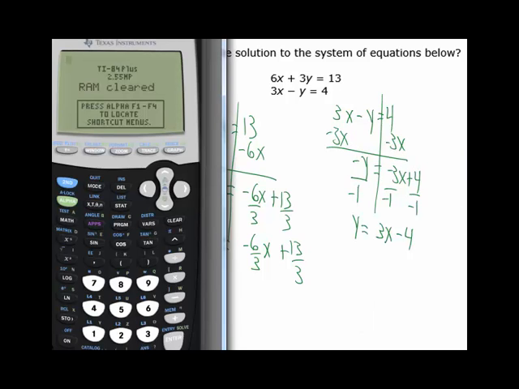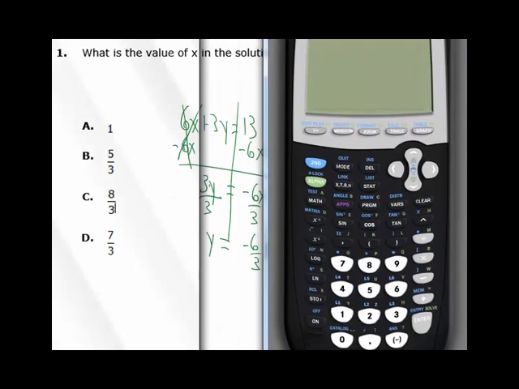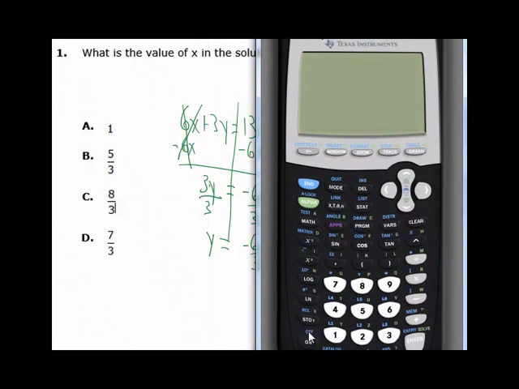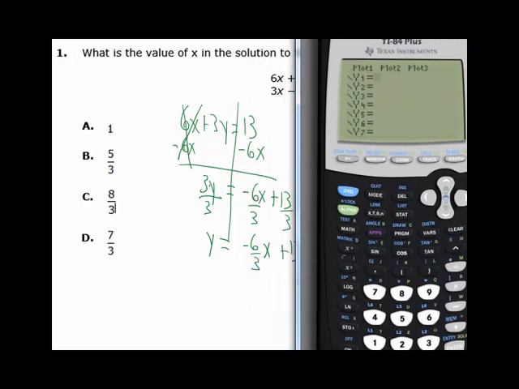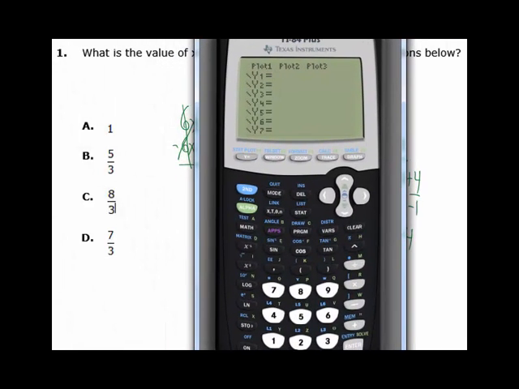And let's type in those equations. So get your calculator, turn it on. And I want you to go to the upper left-hand corner of your calculator, the y equals button. So y equals right up here. And type in negative 6 over 3x. So that's going to be negative.